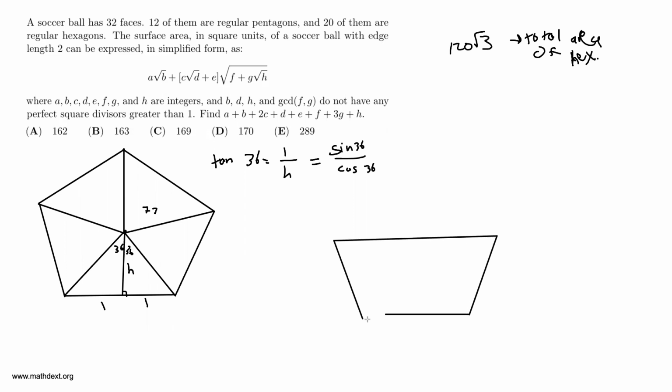This isosceles trapezoid has angles 72, 108, 108, 72.